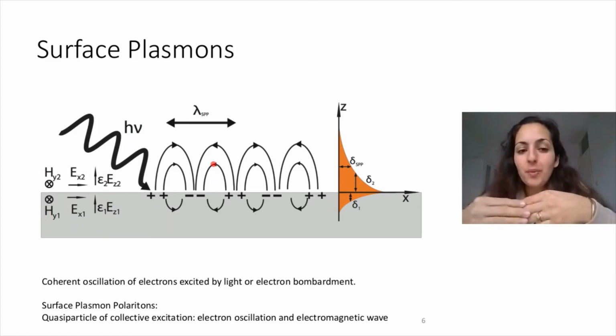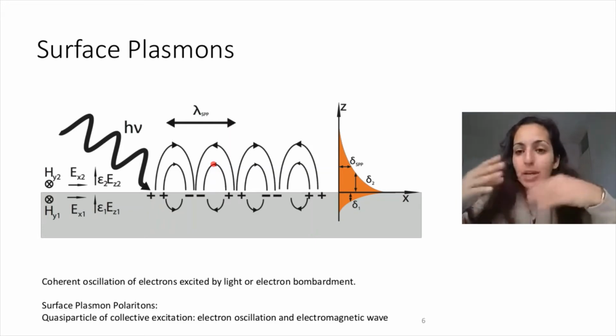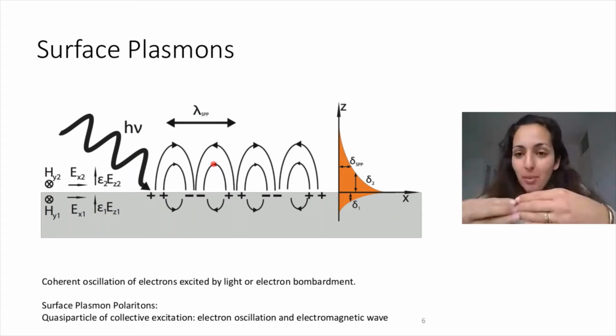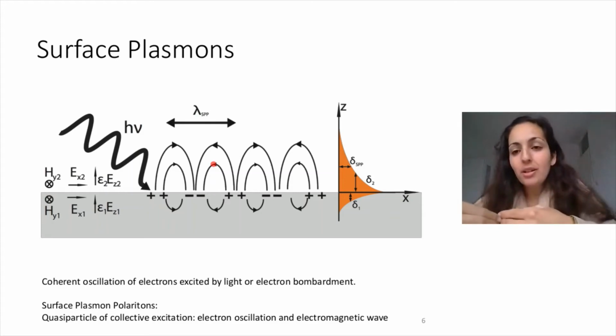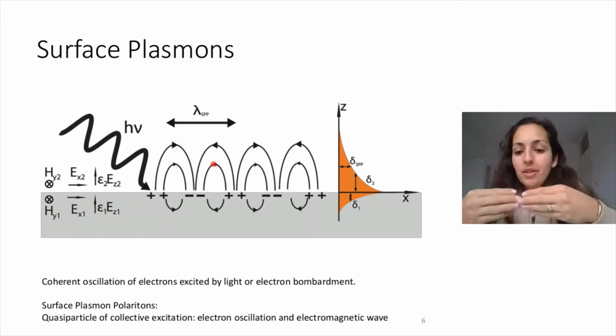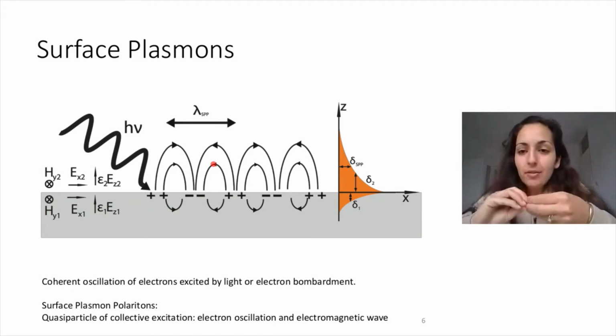If you think about your solid state physics class, we have the vibrations of the lattice in a material, and we call the quasi-particles, the energy bundles that correspond to this oscillation, phonons. Now you're learning about another quasi-particle, the particle of this collective oscillation of the electron wave and the electromagnetic wave. That's what we call the surface plasmon polariton.